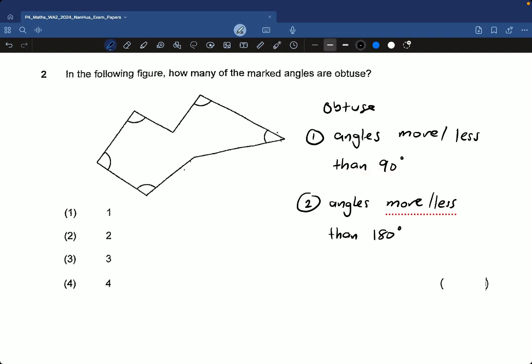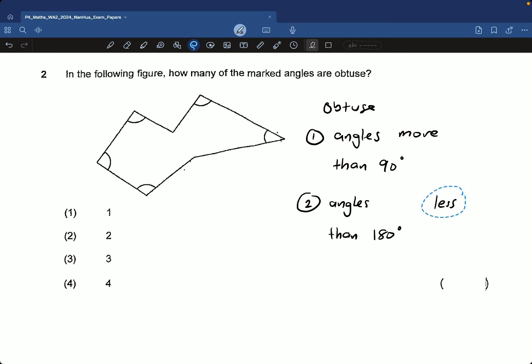If you say that an obtuse angle is more than 90 degrees, then you're right. So the answer is more. Then the second part is: are obtuse angles more or less than 180 degrees? If you say they are less than 180 degrees, then you are right.